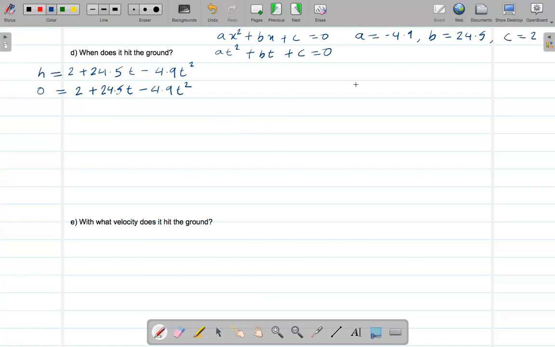Once you get that, I'm going to use the quadratic formula. Do you remember the quadratic formula? t is equal to negative b plus minus the square root of b squared minus 4ac, over 2a.